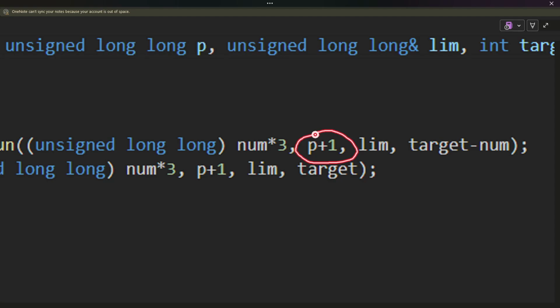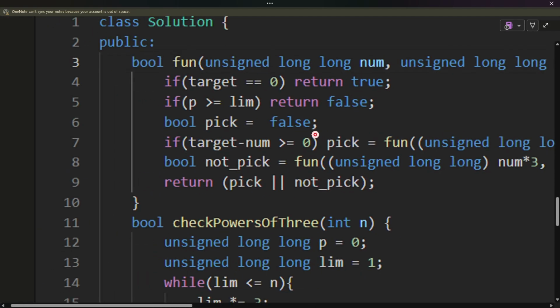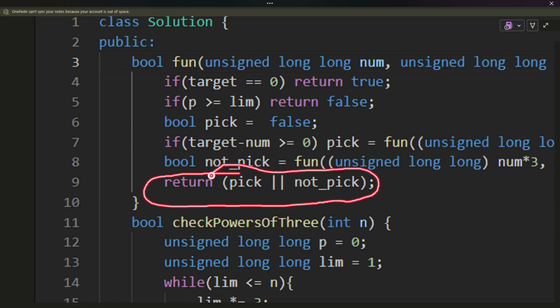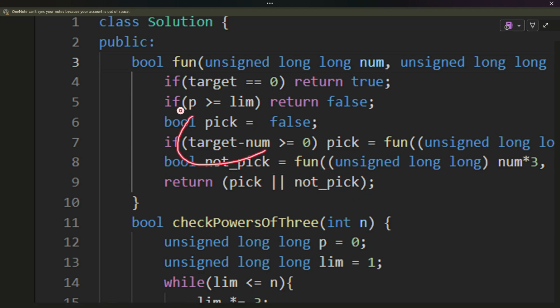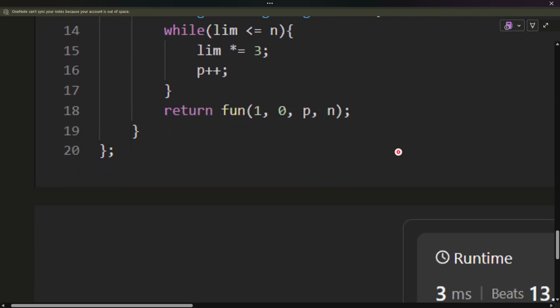That's what it means, right? If any of them gets the answer true, true will be returned, and we will get our answer. If none of them is true, our answer is false.